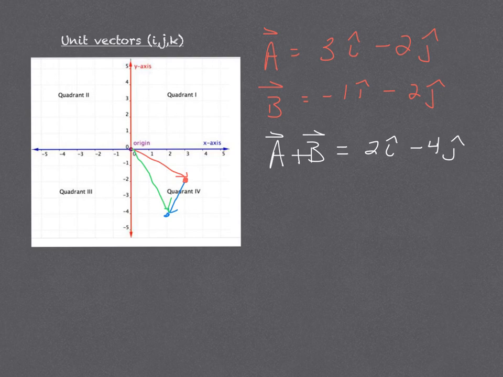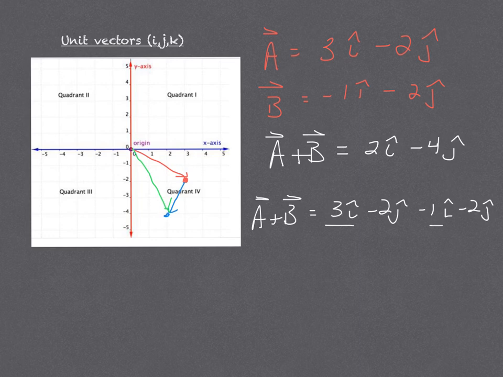How do we get that? Let's just add up A and B. So we have 3i minus 2j minus 1i minus 2j. And we just do the math. We can add i's to i's just like we can only add x's to each other. So 3 minus 1 is 2i, -2 and -2 is -4j.